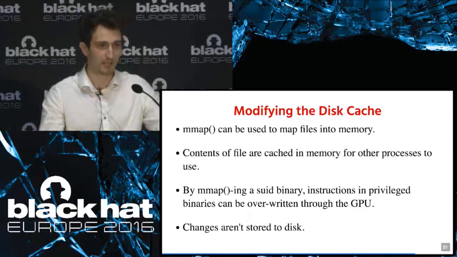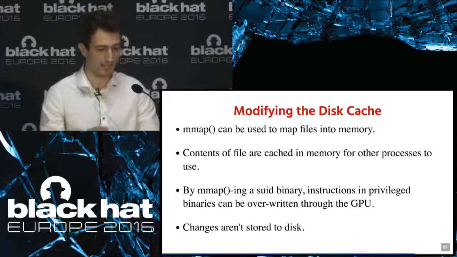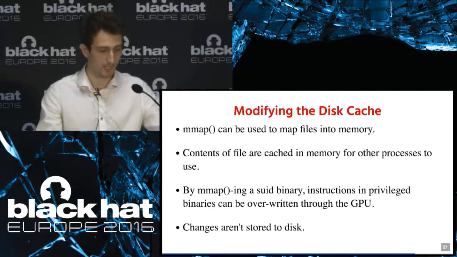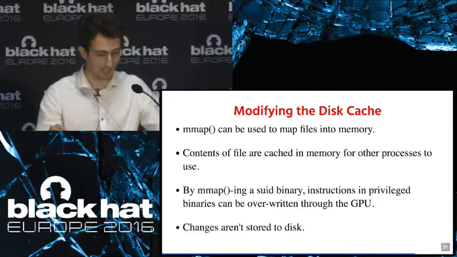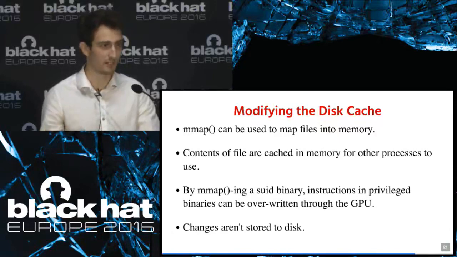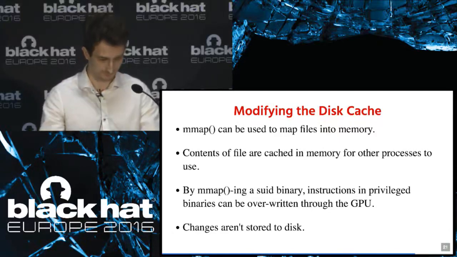We could mmap any file that we have read access to right into memory. So when we mmap it, the contents of the file are cached in memory for other processes to use. We could exploit this by mmapping a SUID binary into memory, and then overwrite the instructions of the SUID binary to insert our own program in memory.